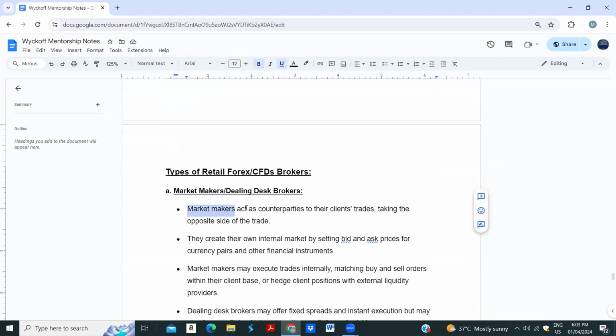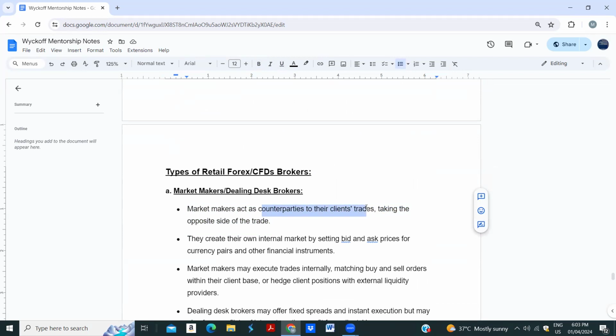The market makers act as the counterparties to their client trades, taking the opposite side of the trade. Market makers provide the liquidity to the retail traders and at the same time they also act as the counterparties to their clients' trades, which means that they take the opposite side of the trade.